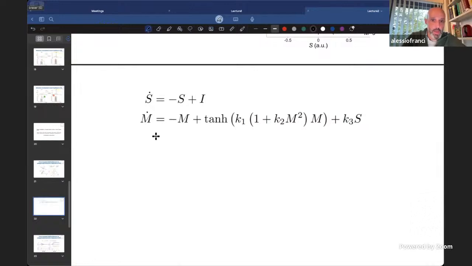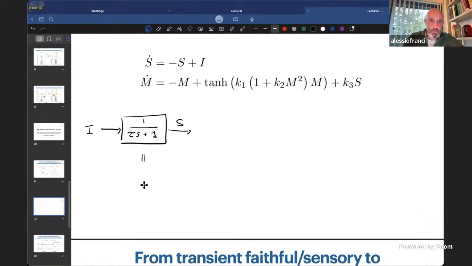So basically you have I, the sensory inputs, and the sensory input enters a first order linear filter, which gives the sensory response. And so as we saw now, this is equivalent to a purely negative feedback block. By the way, it's not explained like this in the paper, but maybe we should before submitting.